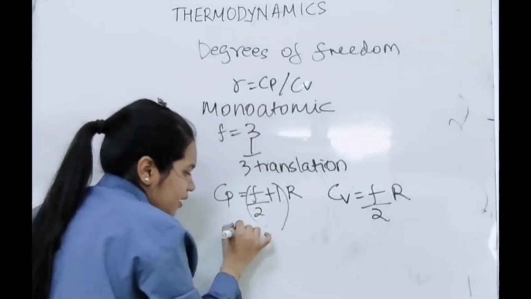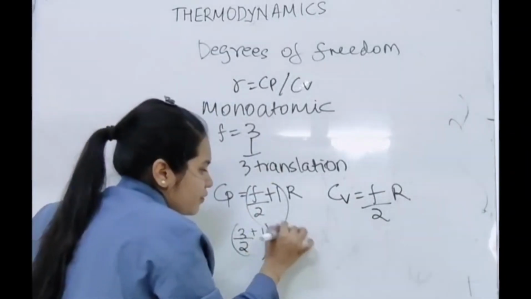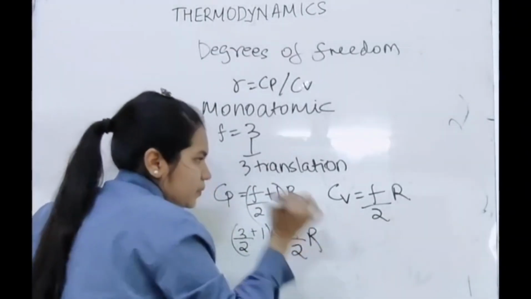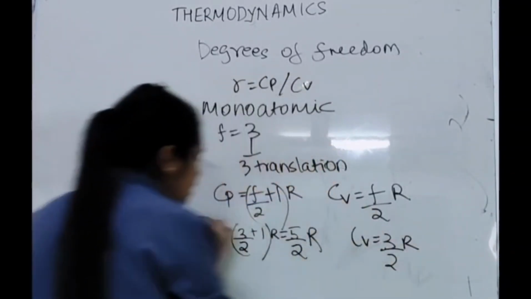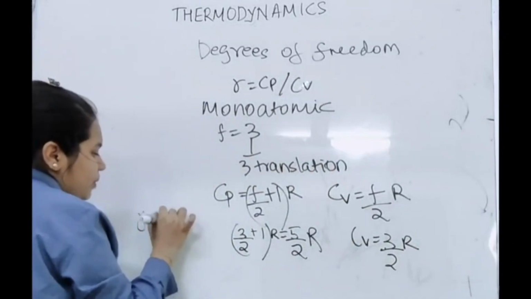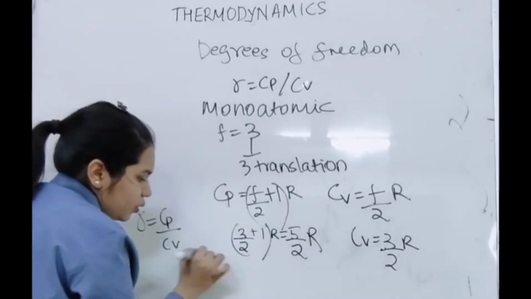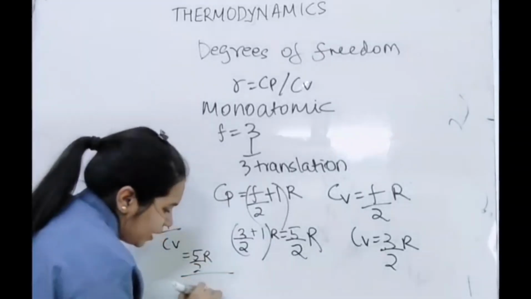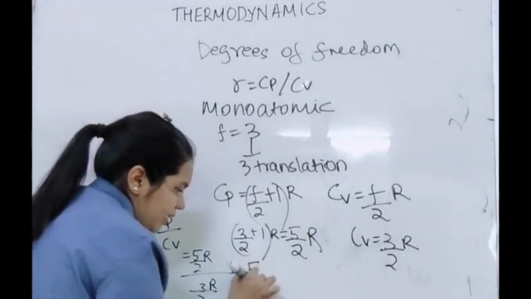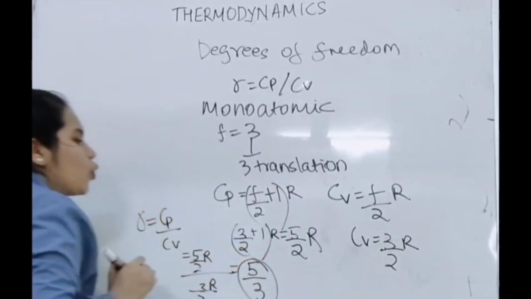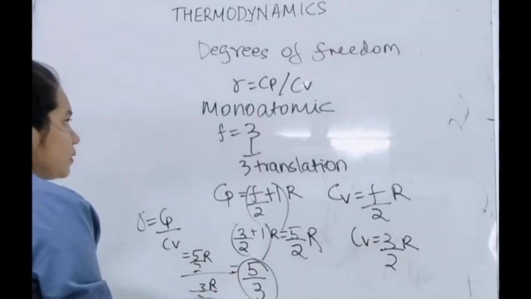Insert the 3: (3 by 2 plus 1) into R is 5 by 2 R. Cv equals 3 by 2 R. Gamma equals Cp by Cv, 5 by 2 R over 3 by 2 R, which is 5 by 3. For monatomic gas, gamma equals 5 by 3.